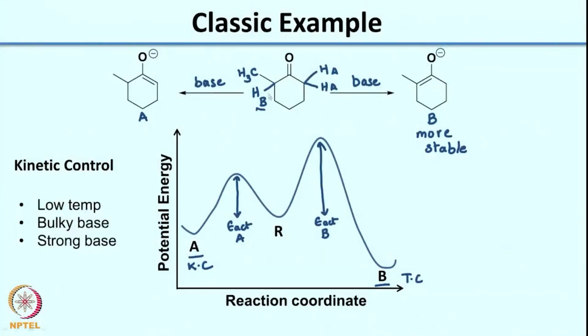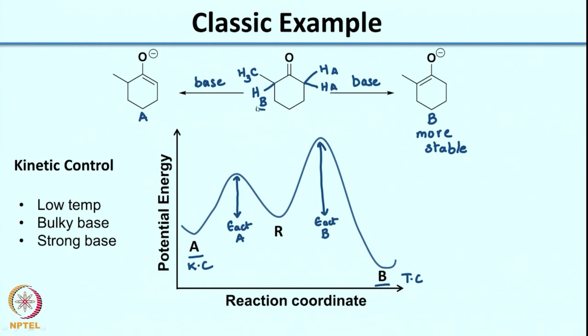The other thing is a bulky base. Now what will a bulky base do? As I told you, in this case the major difference is because of this methyl, it is more difficult to remove Hb compared to Ha.